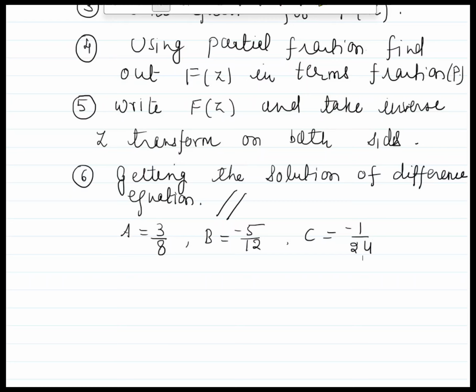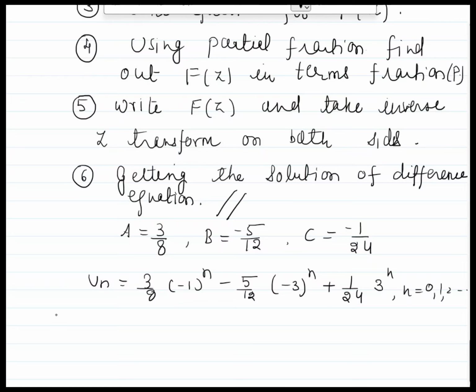The solution you will get is un equals 3/8 times minus 1 to the power n, minus 5/12 times minus 3 to the power n, minus 1/24 times 3 to the power n, with n equals 0, 1, 2, 3 and so on. This is the answer of this problem.